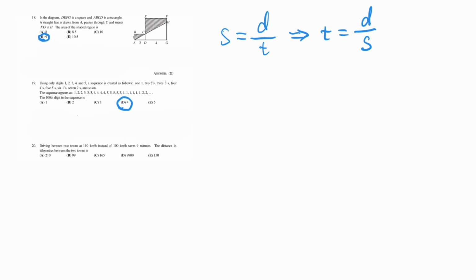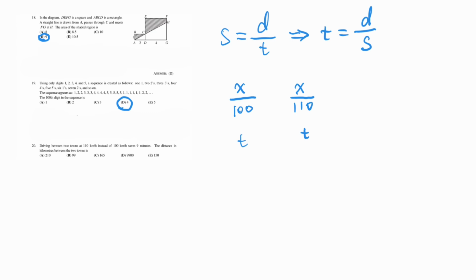So the distance between the two towns is x. When the speed is 100 km per hour, the time is x over 100. But if the speed is 110, the time is x over 110. They save 9 minutes.